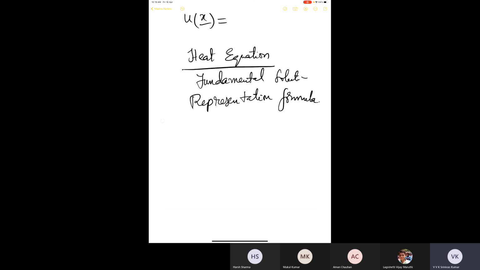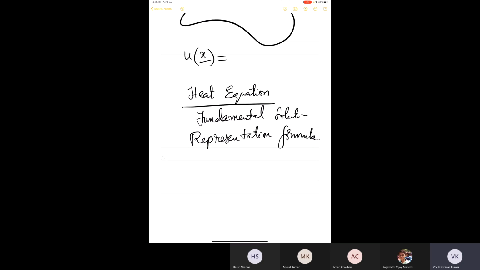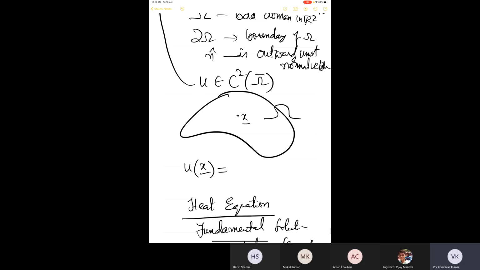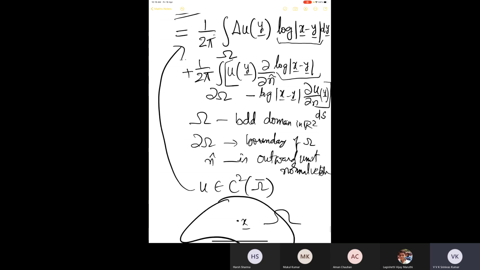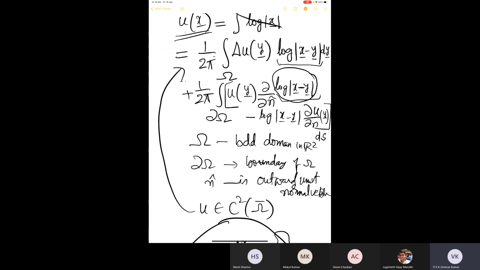So here the idea was log mod x minus y. This is also a fundamental solution, because it is just a translation by a fixed point x. X is fixed, and it is a translation, because the Laplacian is translation invariant.